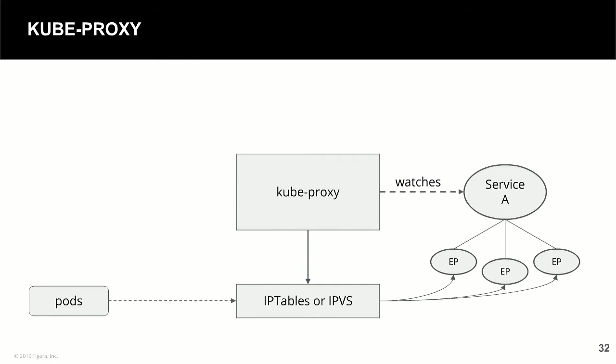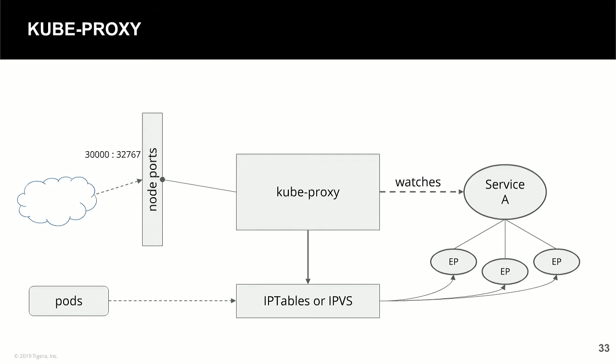KUBE-PROXY also has a second mode called node ports. Because a cluster virtual IP is not typically accessible from outside the nodes themselves, if you're trying to access your Kubernetes service from outside the cluster, Kubernetes assigns a dynamic port, typically in the range of 30,000 to 32,767.